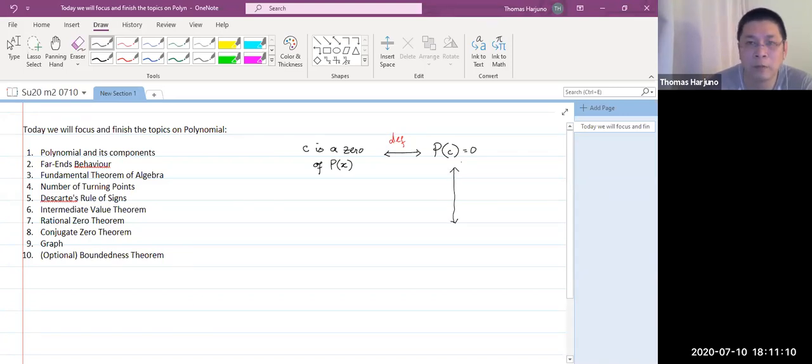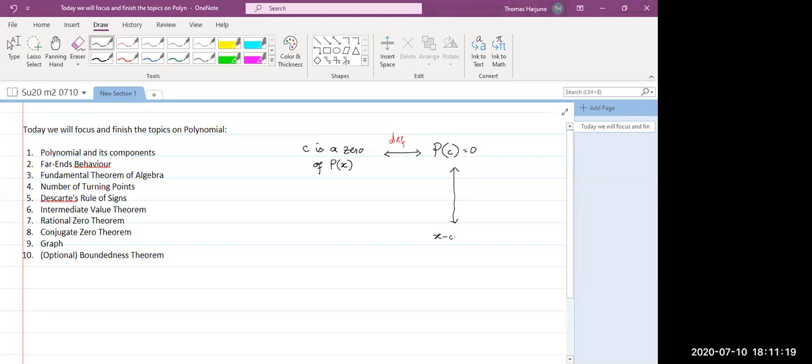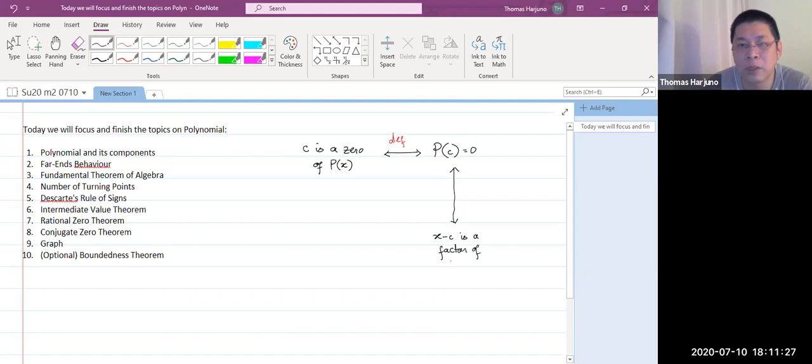Now, we also learned yesterday that if p(c) equals 0, then x minus c is a factor of p(x). That's by the factor theorem. Oh, sorry, I think I need to go to the remainder first.